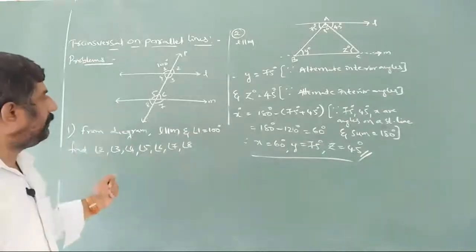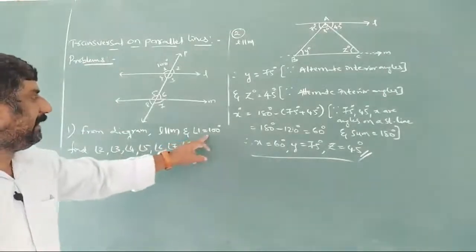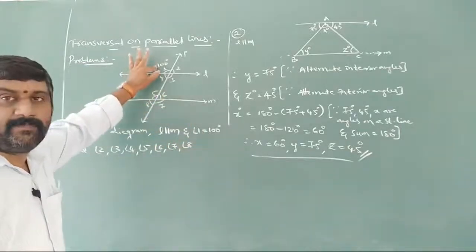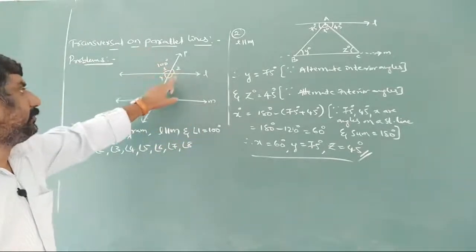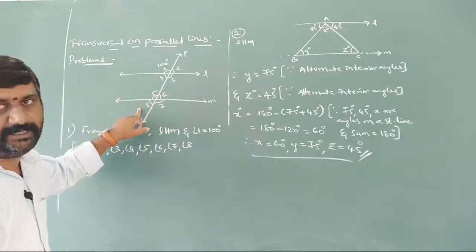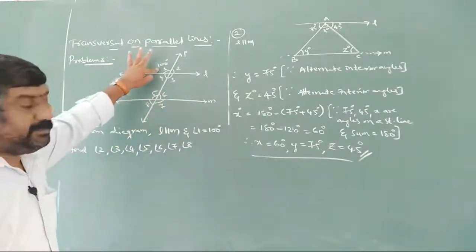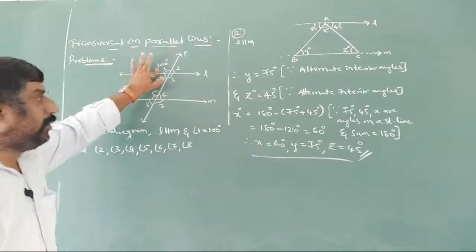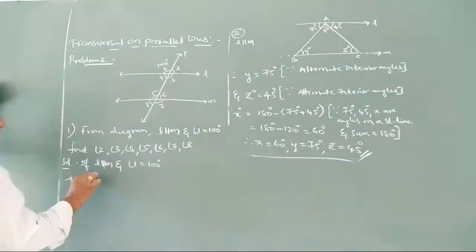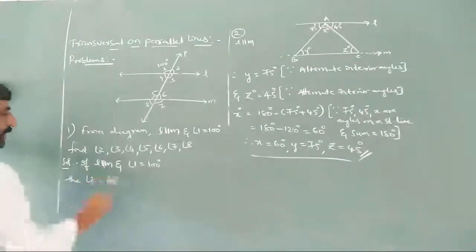Taking a different problem, only one angle is given. How much is it? 100 degrees. We need to find angles 2, 3, 4, 5, 6, 7, 8. Let us try. First one is 100 degrees. What about the second one? Angle 2 is equal to 80 degrees. Why?